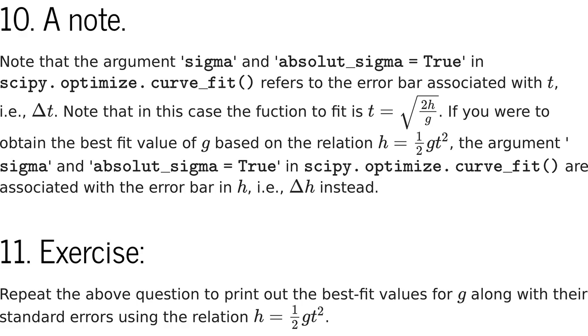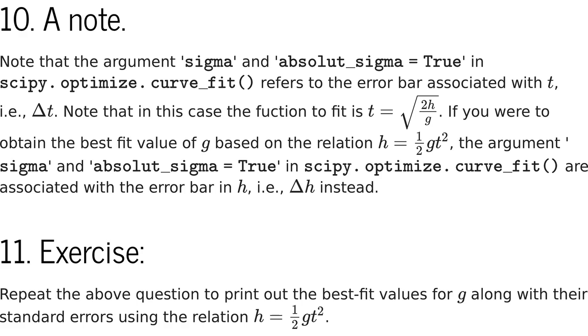Throughout this lesson, we have delved into the essential technique of curve fitting, learning how to uncover mathematical relationships hidden within data. We focused on using the curve_fit function from the SciPy library, a powerful tool for this purpose. You have seen how to define a model function, whether it is a polynomial or a physics-based equation, and then use curve_fit with your experimental data to find the optimal parameters that best describe that data.